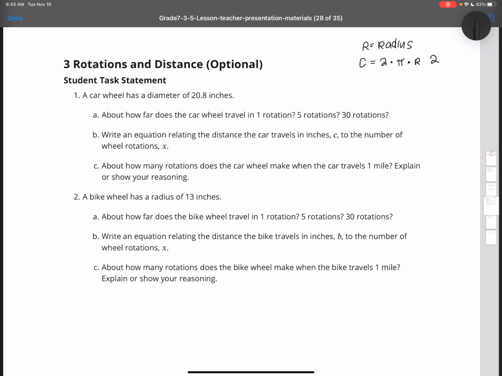You could also write it like this, 2 pi r, because you don't actually need to put the multiplication symbols. I'm just doing that so you can understand at home that multiplication is being used with these formulas. And D is equal to diameter.